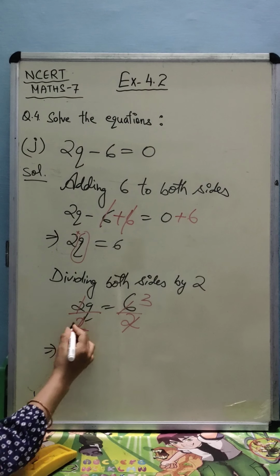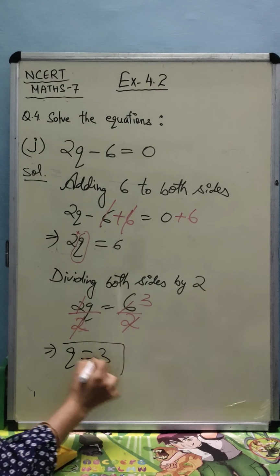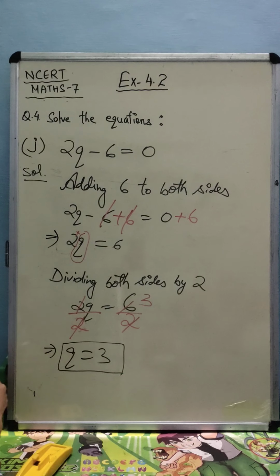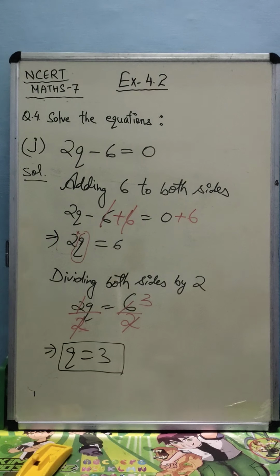So in the LHS we have q, and in the RHS we have 3. So the value of q is 3. This is our required solution. Students, I hope all the parts of this question are clear. The other remaining parts of question number 4, you can try yourselves in your rough notebooks.